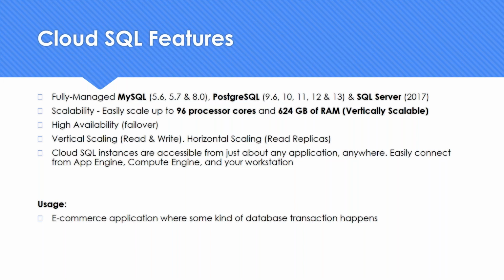Basically, a vertically scalable system has some upper limit with the machine type, limited database offerings, and limited use cases wherever a database comes into the picture. So you can have a front end in your virtual machine, and you can have a Cloud SQL instance, so that it's going to be fully managed by Google for you. That's the key part here.